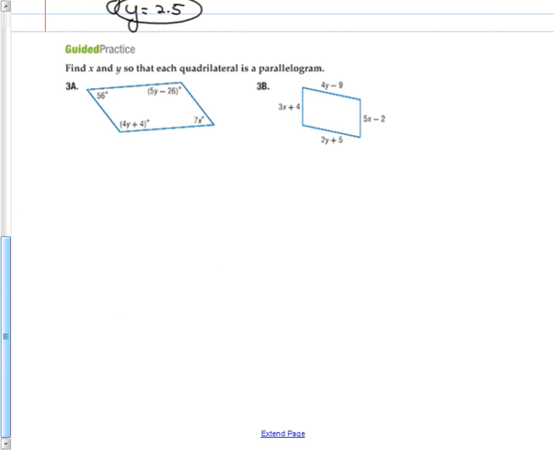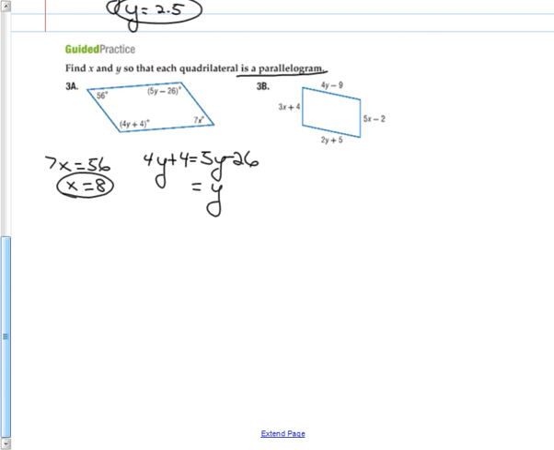Find x and y so that the quadrilateral is a parallelogram. So how about my 7x? It must equal 56, so what is x? 4y plus 4. What do I know about it? Subtract my 4y, I have 1y. Add my 26.